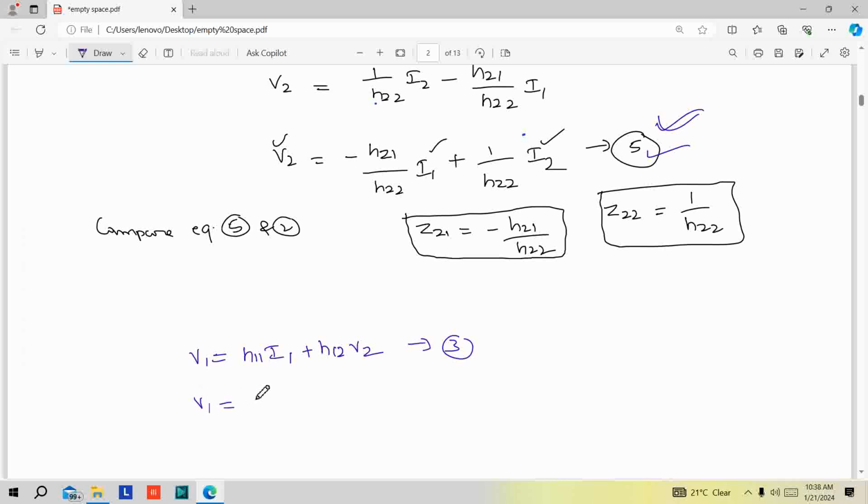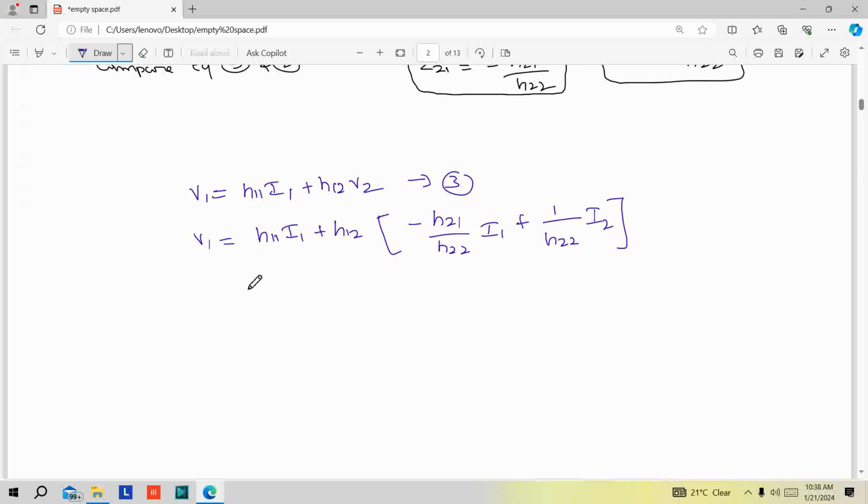So here V1 is equal to H11 I1 plus H12. So what is the value of V2? We have calculated it, no? Just substitute that: minus H21 divided by H22 I1 plus 1 divided by H22 I2.